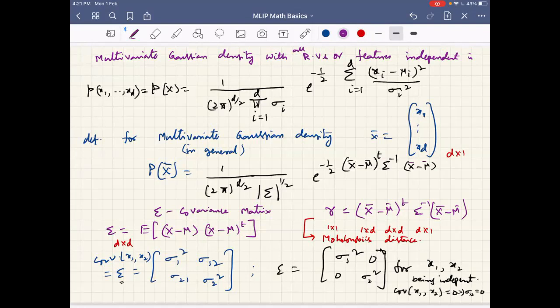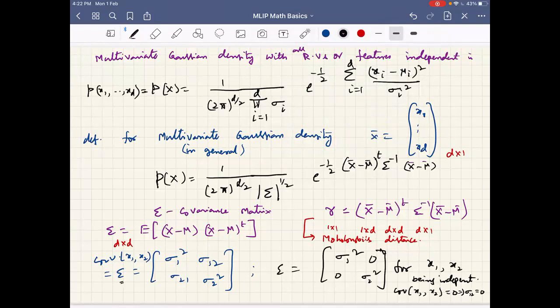And this is the Gaussian distribution overall. Okay, this is the multivariate Gaussian distribution in general. This is a very, very important expression which we will be using all through, and it is very important to understand this expression and to correlate it with the univariate normal density.